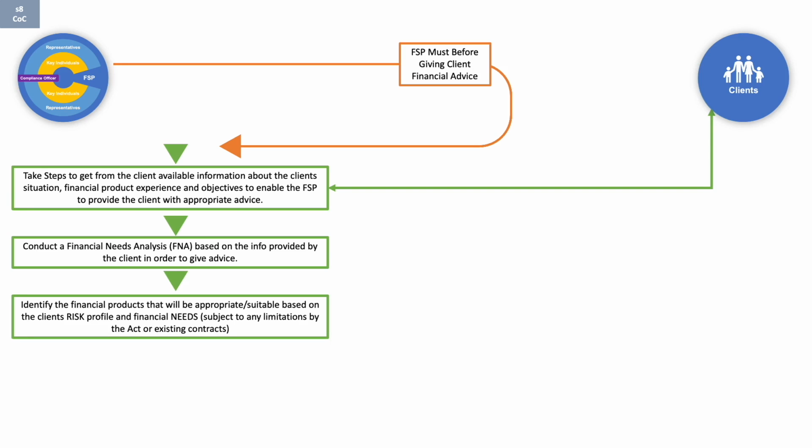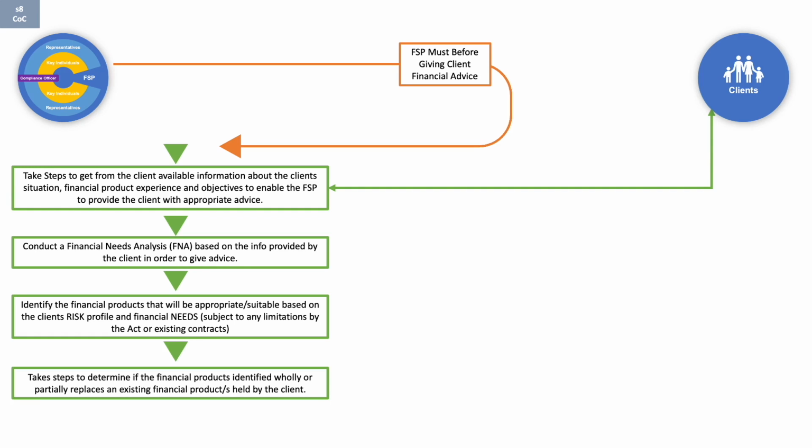From this analysis, the FSP will identify the financial products that will be appropriate and suitable based on the client's risk profile and their financial needs. This will, however, be subject to any limitations by the Act or existing contracts.